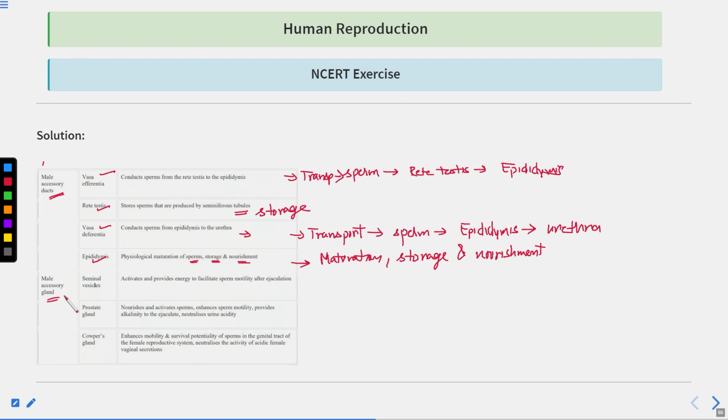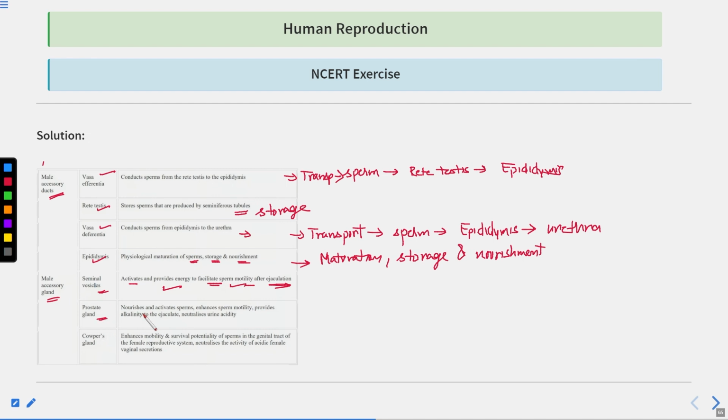Clear? Then let's talk about the male accessory glands. Seminal vesicles activate and provide energy to facilitate sperm motility and the ejaculation. So the main function is the activation and the production of energy. This energy is required for the motility of the sperm.